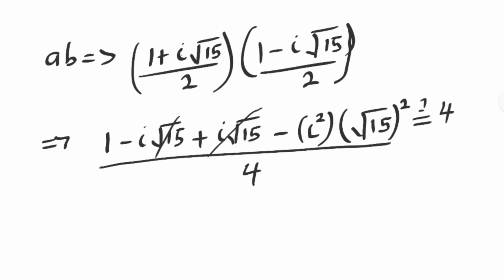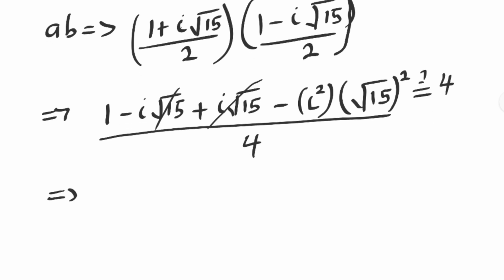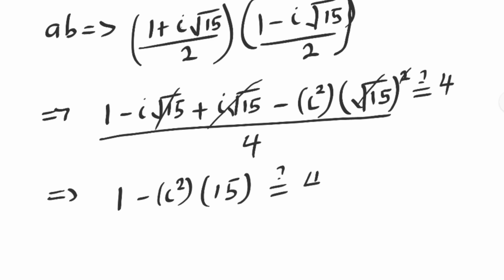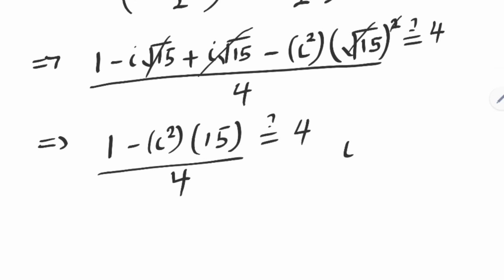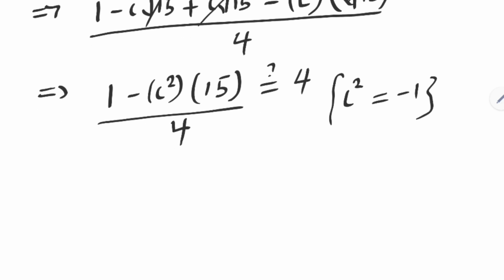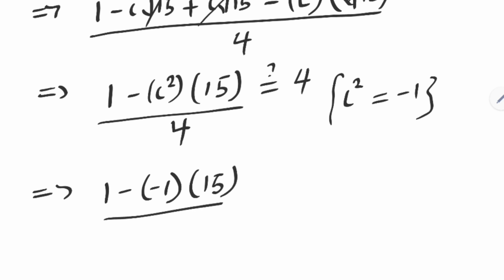This cancels this. We have 1 minus i square multiplied by 15, this cancels this 15, over 4. i square is equal to minus 1. So here we have 1 minus bracket minus 1 multiplied by 15 over 4 must be equal to 4.